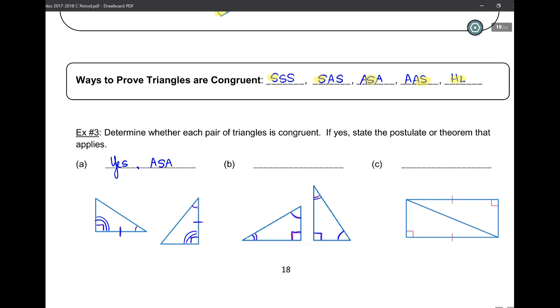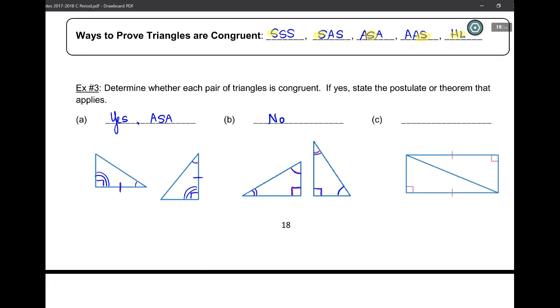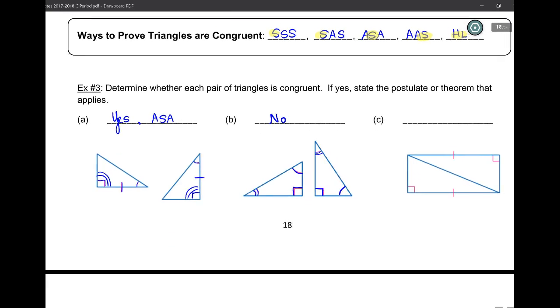So if all I ever have marked are angles, that's never going to be enough information to prove two triangles are congruent. We need to have one pair of sides marked congruent. So this one, we do not know whether or not they're congruent. There's not enough information.